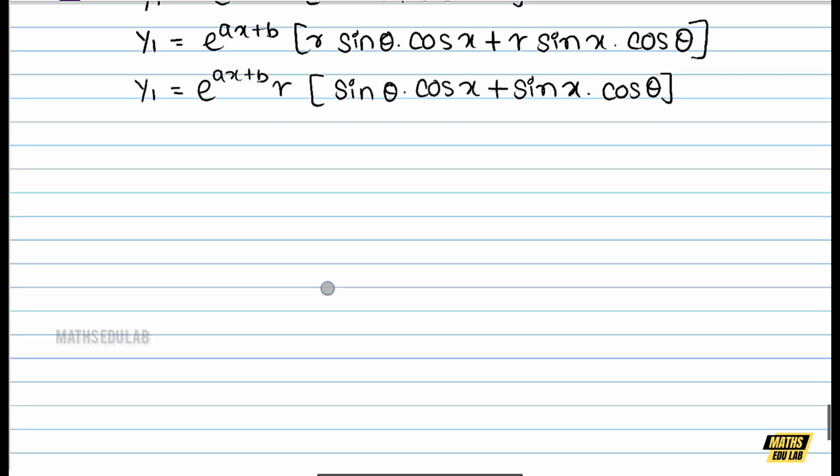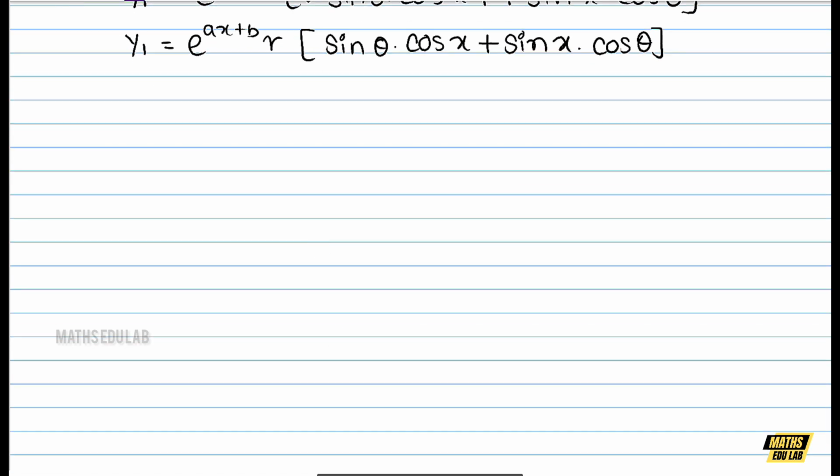So if you see here, only this part is in the form of sine a plus b. So for this I can write y1 is equal to e to the power of ax plus b r into sine.